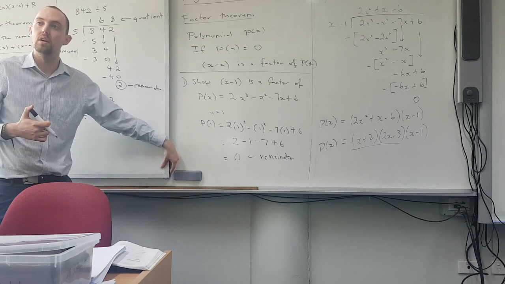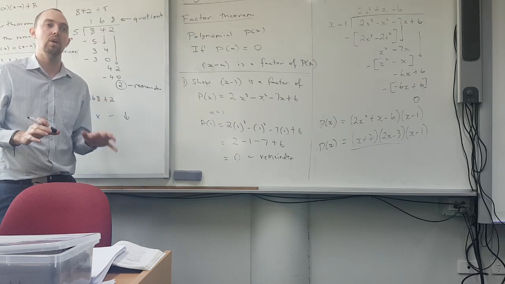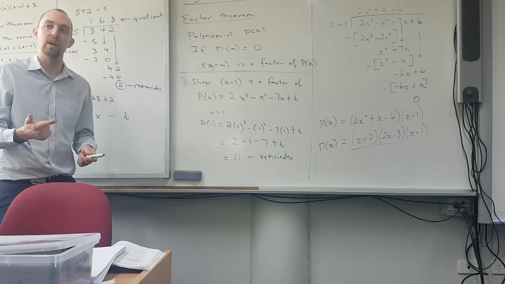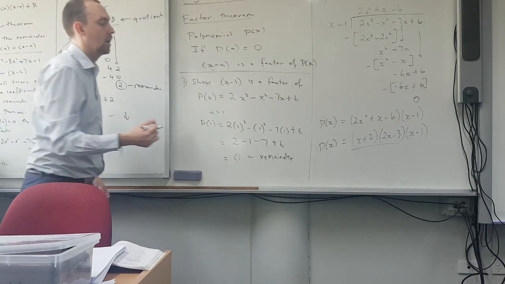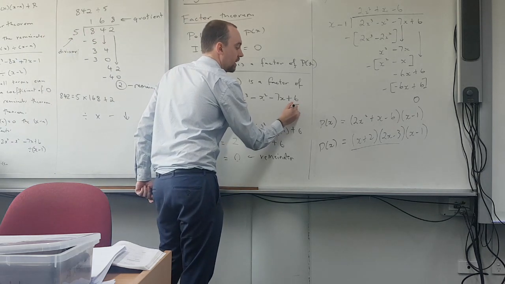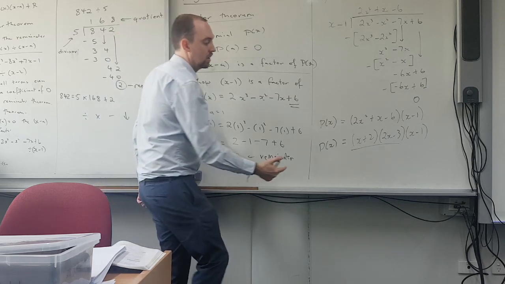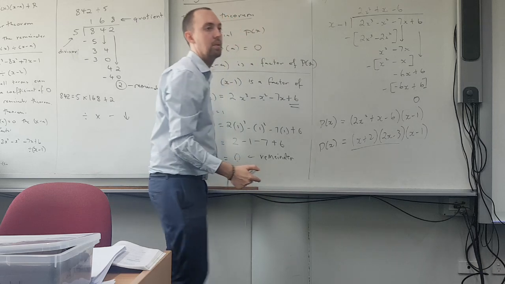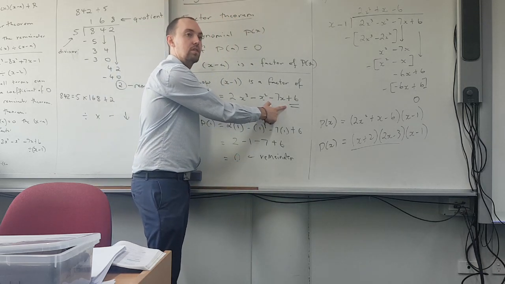If you don't know what your factor is, or the question doesn't tell you to try a value, you want to start with either positive or negative 1, and then go up from there. Everything at the end should be factors of your constant here. So 2, negative 3, and negative 1, what do they multiply to become? Positive 6.